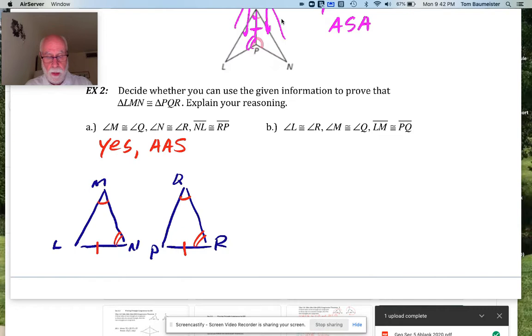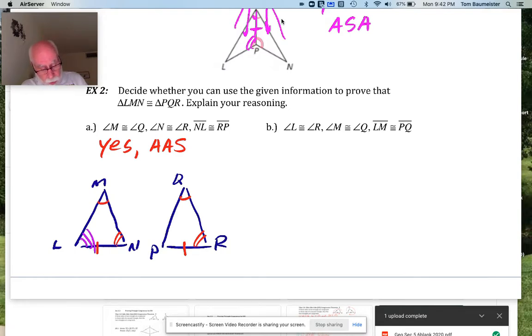On the second one here, let's just go ahead and start with what they have. Well, we can see that M and Q from the first one worked, but they're saying L is congruent to R. So they're telling me this one here, and I marked it with 3 because I already have one marked with 1 and 2.